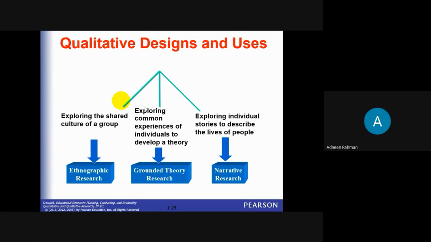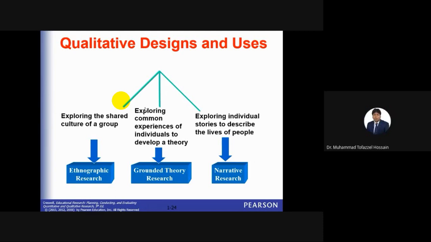So it can be narrative research, it can be grounded theory research, or it can be ethnographic. It depends in which way you want to create it. Case studies are mostly very informative and inspiring, I feel. Narrative research.